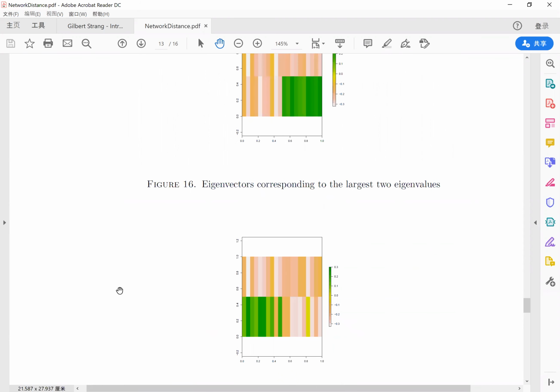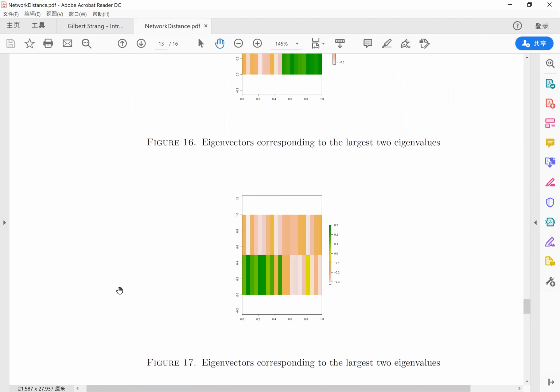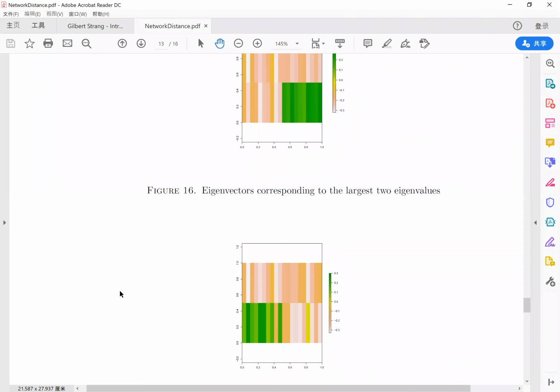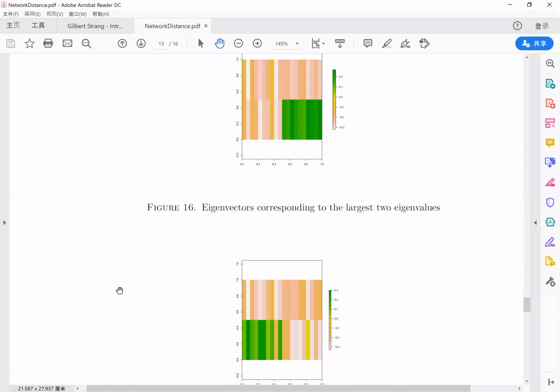You see the eigenvectors in 16 and 17. You see the cluster structure, clearly two different colors, one in green and others in other colors.